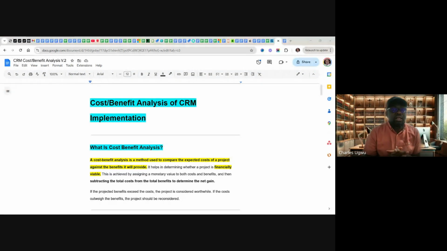If you manage to monetize all the values, then subtracting the cost from the benefit is not going to be difficult.